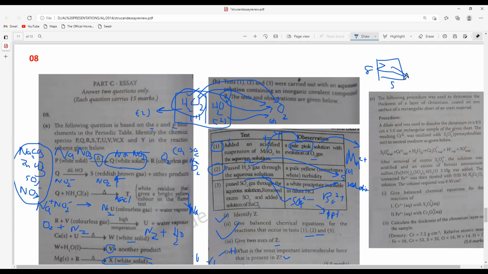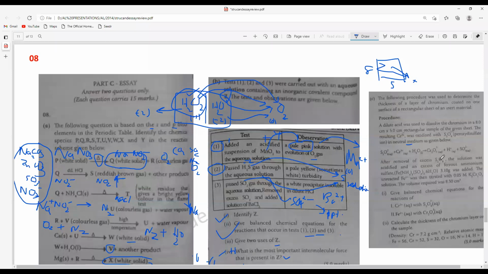And if you think the thickness is, let's say, X for an example, or Y. The resulting chromium 3+ was oxidized with peroxydisulfate, so S2O8 2-, in neutral medium, so it should be like the medium that you necessarily think.